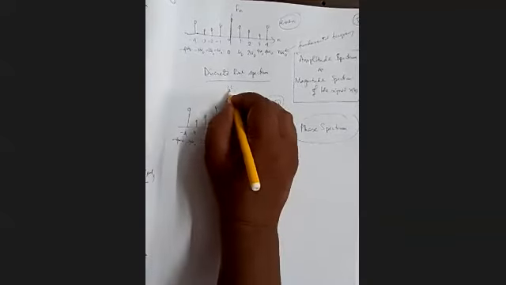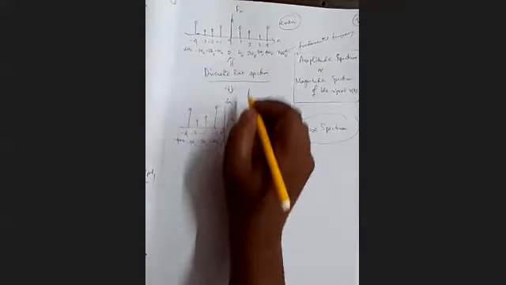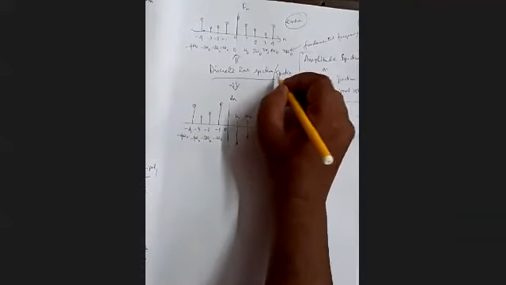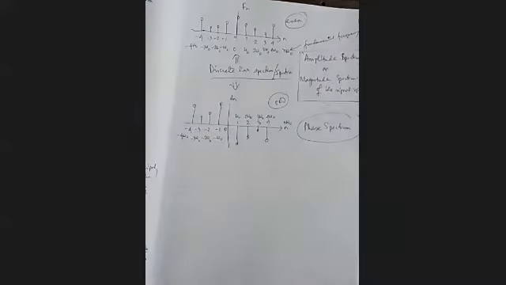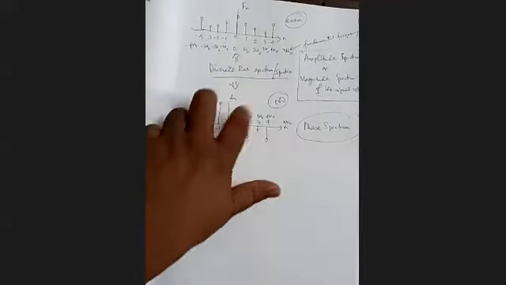And note that both the spectra are discrete. So discrete line spectra in plural. So this is the phase spectrum. It will be always an odd function. From the second plot, we can find out what are the different phases associated with each frequency term, and what are the magnitudes of those phases.